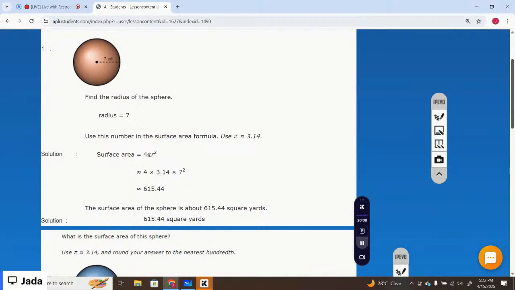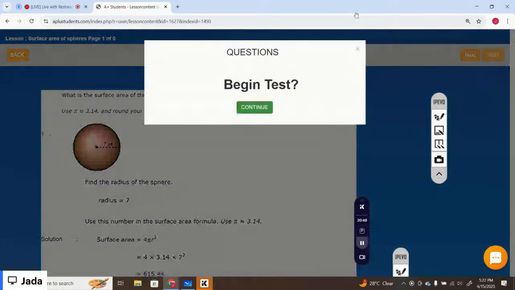The surface area of the sphere is 4 pi r square. You have to use the formula 4 pi r square. Just put in the values. Let's start with the test questions.